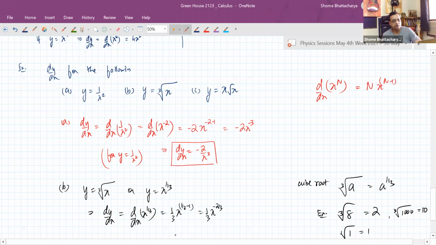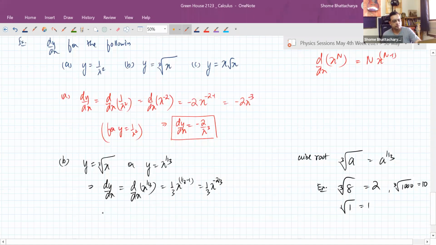So we can write it like this. Or we can also write it like this. X square cube root. So whichever way we want to write it, we can write it like this or like this.